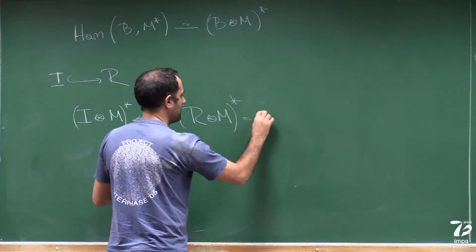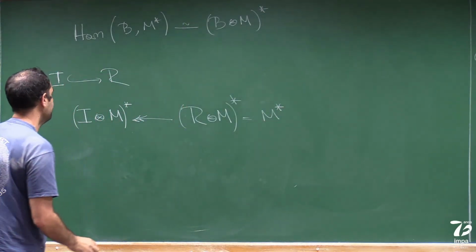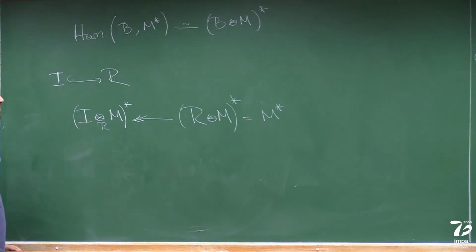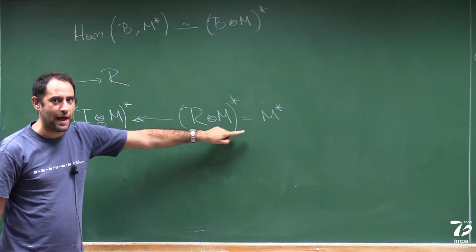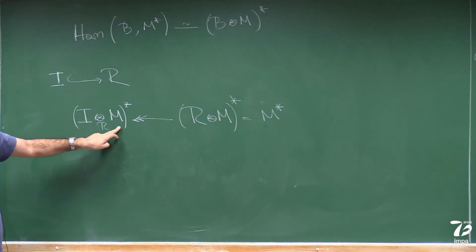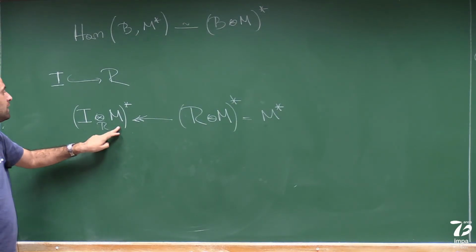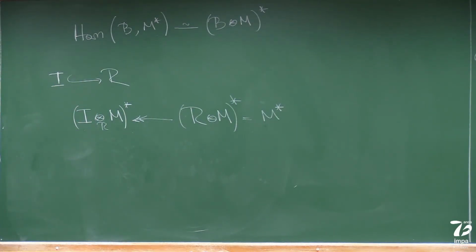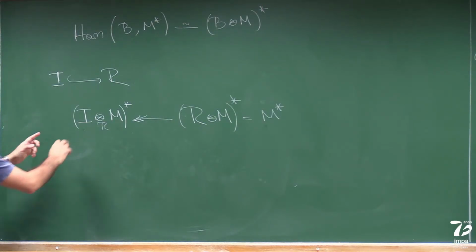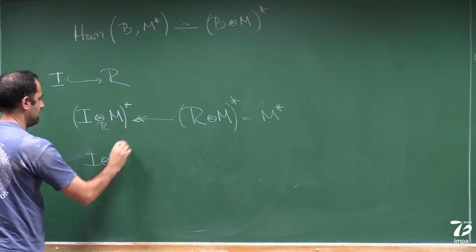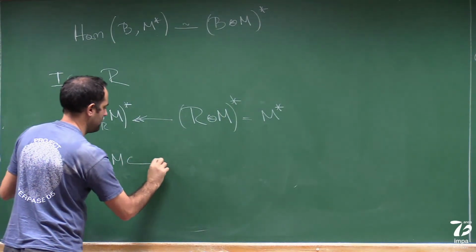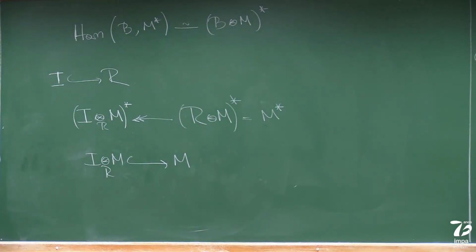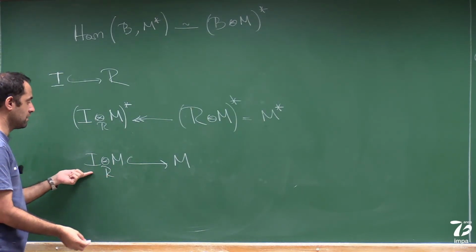But this is M star. And, well, what I wanted to prove is that I've already proven that M being flat, namely this guy being injective, implies that this is I times M. Now I want to prove it the other way around. So I want to check that when this guy is surjective, but this happens if this map is injective. And the kernel of this map, we've seen that it was this thing of the ideal.